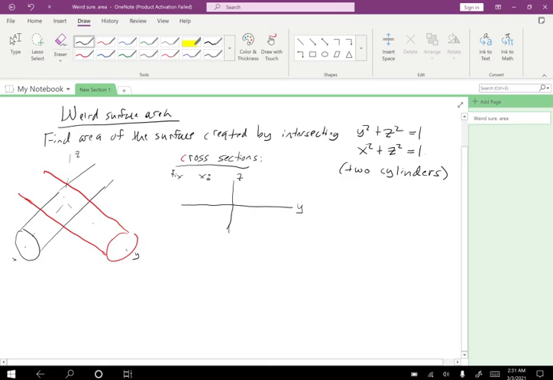So one of these cylinders will have a circle, but then another will just correspond to some kind of lines, if you look at the cross section.